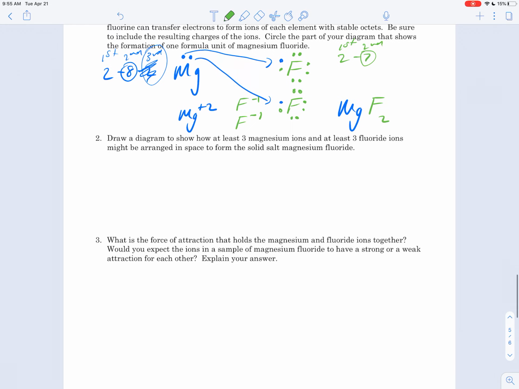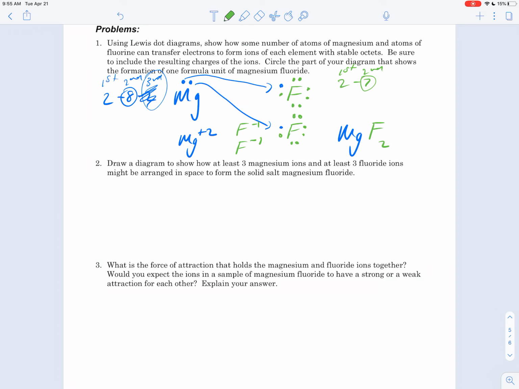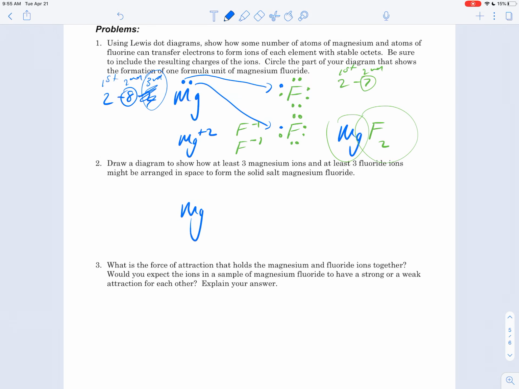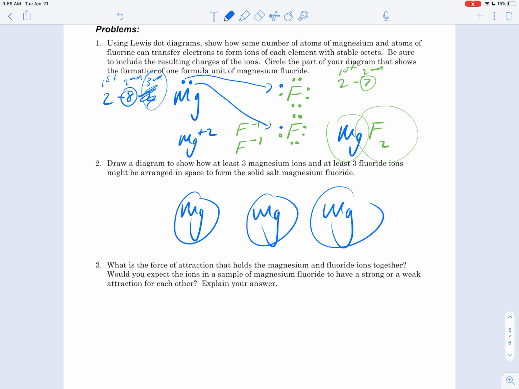So number 2 just asks us to visualize that if you've got at least 3 fluoride and 3 magnesium ions. So we know that 1 magnesium combines with 2 fluorides. So if I'm going to draw 3 magnesiums, and we've got the same ratio, it's a 1:2 ratio, I'm going to need 2 fluorides each.